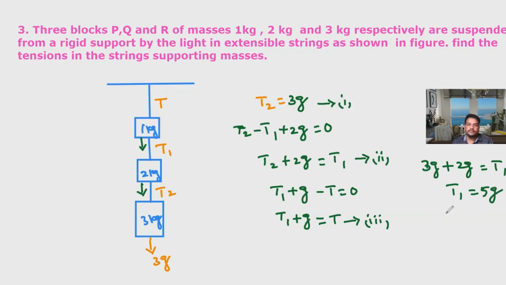Now it's the turn of T. Go to the third equation: T1 plus g equal to T. T1 is 5g. Then 5g plus g is equal to T, and T equal to 6 into g. We got all the tension forces: T is 6g, T1 5g, T2 3g.